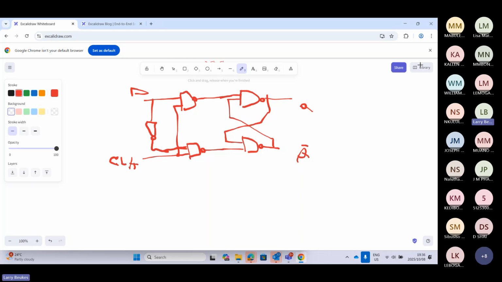Sure. So let's do the truth table quickly. Your input will be a D. I'm not going to put S and R for the sake of time now. It will be D, then it will be clock, right? Then here you will have your Q, and then your Q naught.